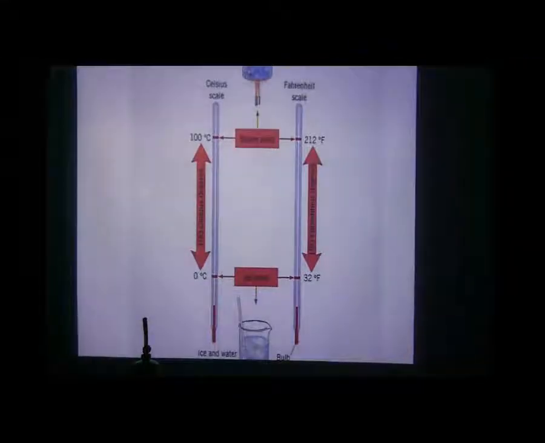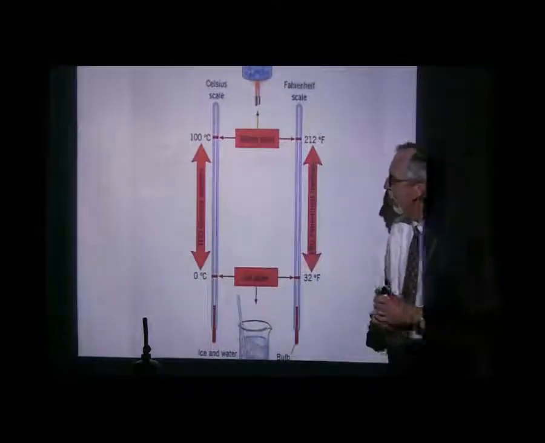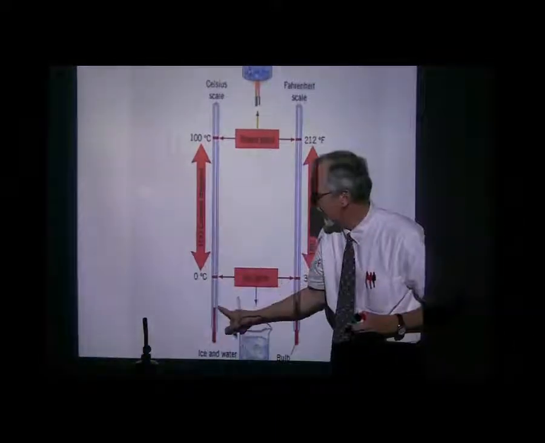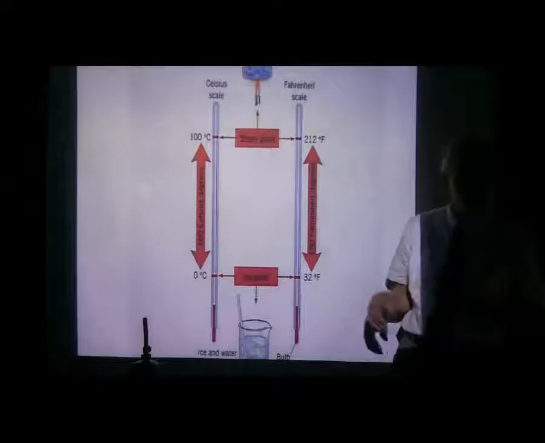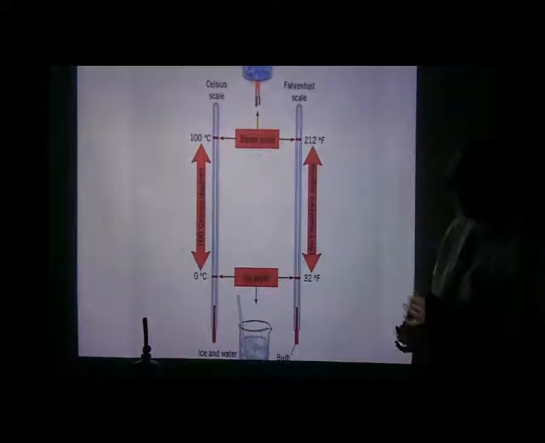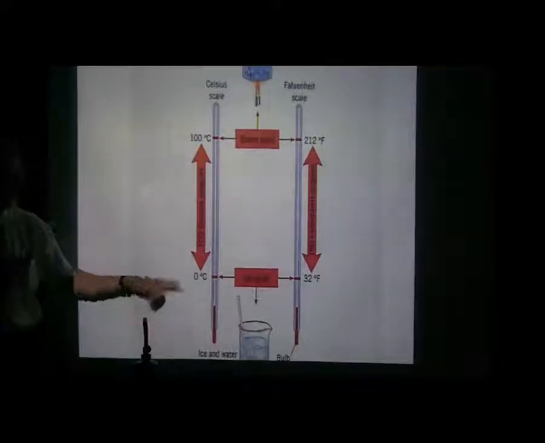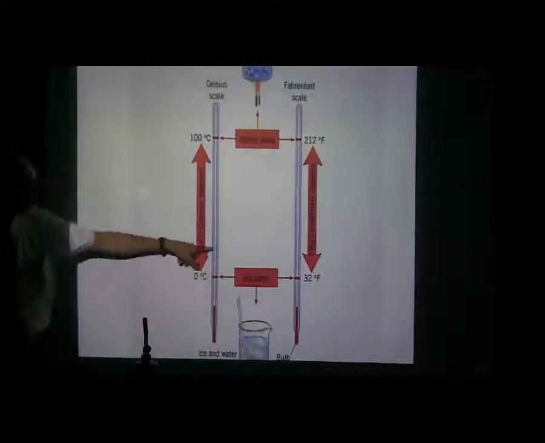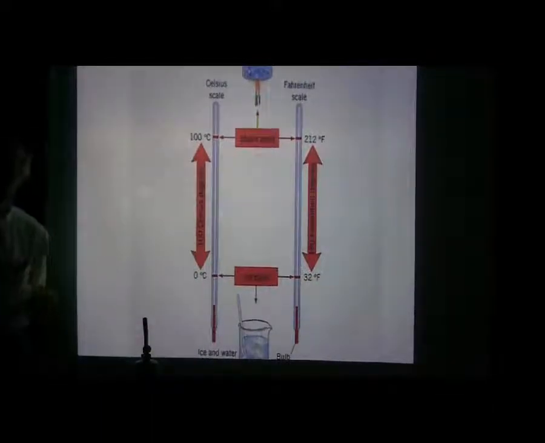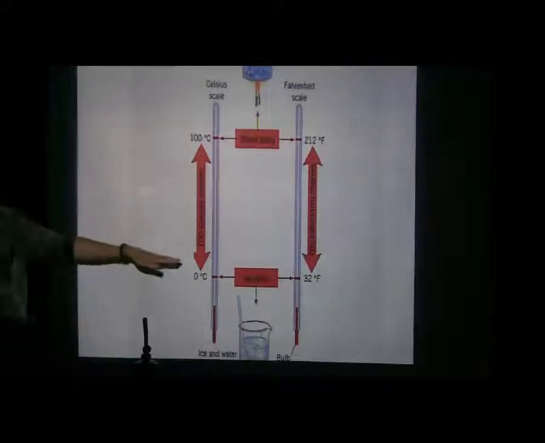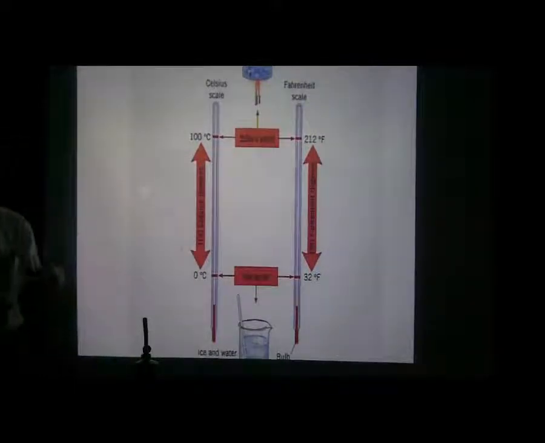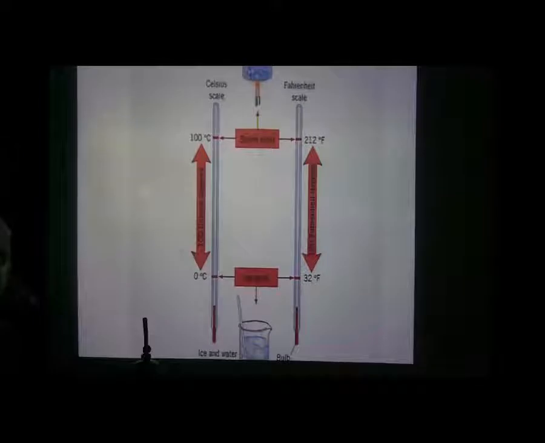So here we have a thermometer, and the thermometer works because it has some liquid inside, whether it's mercury or alcohol or something like that. As the liquid heats up, it expands, and the top rises up the inside column of the thermometer. By measuring the height of that column, we can then determine what the temperature is.